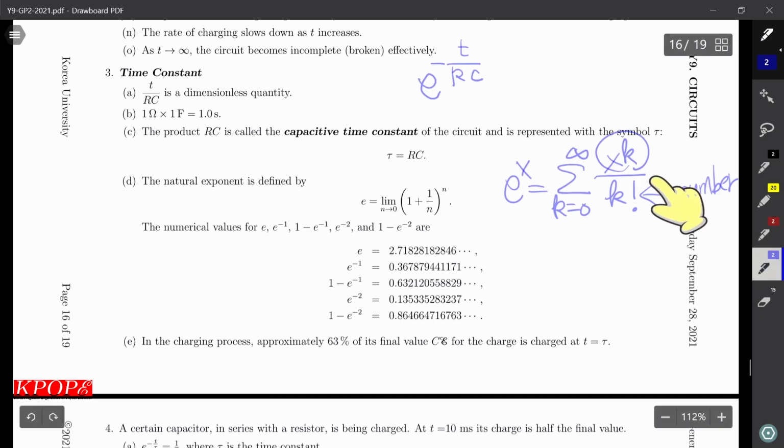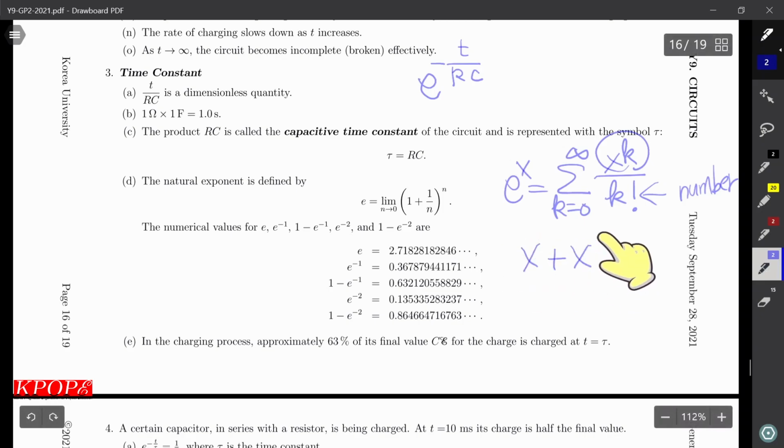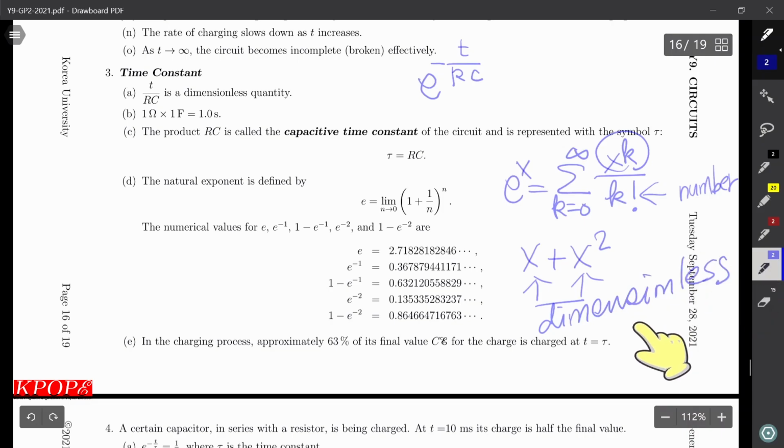In physics, quantities can be added only if they are of the same physical dimension. So x can be added to x squared only if they are dimensionless. For example, second cannot be added to second squared. In mathematics it is fine, but in physics, one cannot add 1 second plus 1 kilogram.